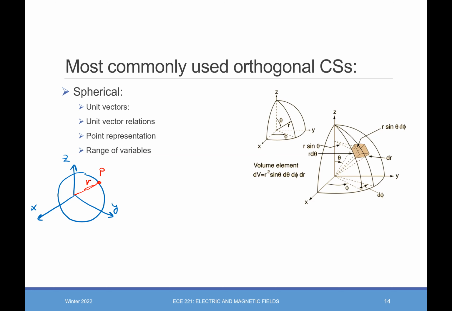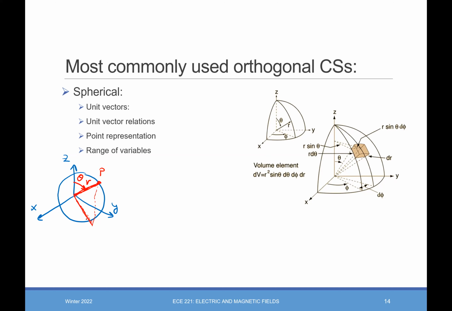And then what else can we define? We can also define the angle from the z-axis. We call that theta. Then another angle that would help us define this very uniquely is when we project this line that connects the center to point P on the XY plane.